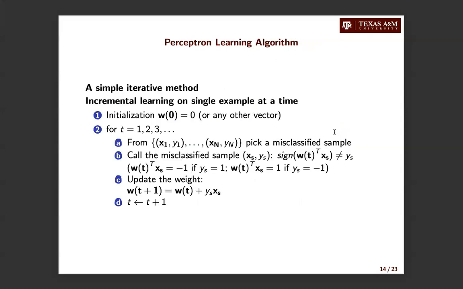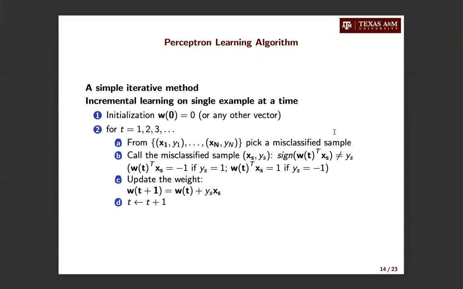So we have seen so far a very simple iterative method that relies on incrementally learning our weight that is perpendicular to our line. And this weight is being incrementally learned based on a single sample at a time.